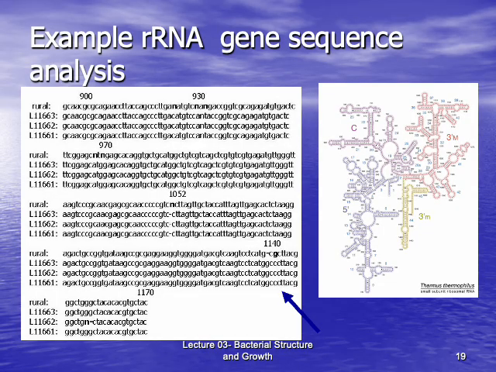Here's just a real cool example. You're looking at 4 microbes here, and they gave them names like L11, 6, and so on, and they lined up the rRNA gene sequences of each of these microbes. So they PCR'd them up, they sequenced them, and they're comparing them.